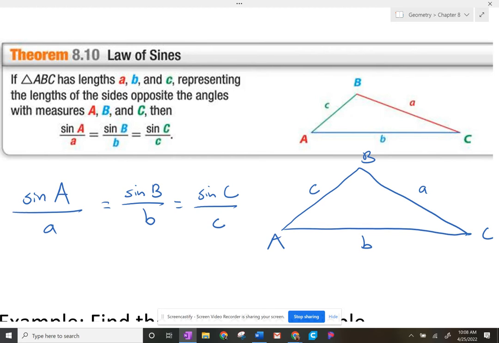So if you punch in sine of A and you divide it by the length of A, it will be the exact same ratio as the sine of B divided by the length of B. Exact same ratio as sine of C over the length of C. No matter what, using sine, the ratios will be the exact same.